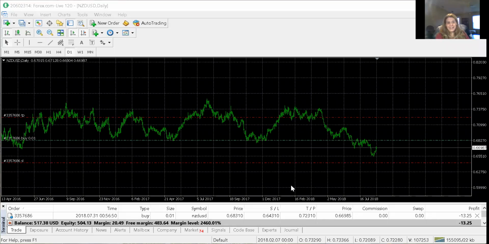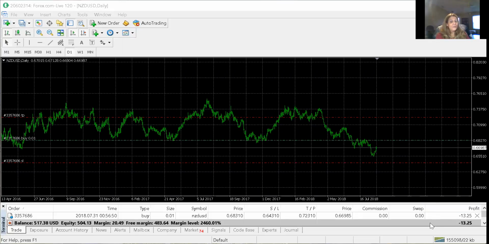Today we're going to continue with our discussion on one specific trade that I've been working on for quite some time now. So we're going to start our screen share, pull it up, and it's New Zealand USD. As you can see, my day time chart, we are heading back to my entry point.